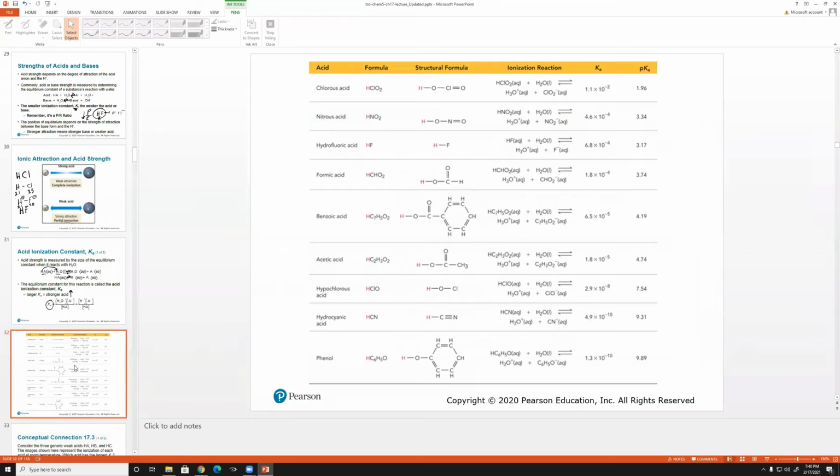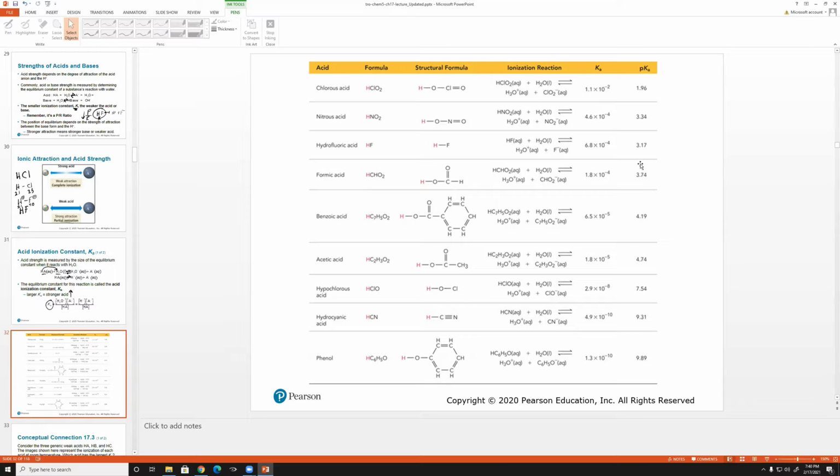All right. Here are some examples of weak acids and their corresponding ionization reactions, their Ka, and their pKa. pKa is literally the negative log of Ka.